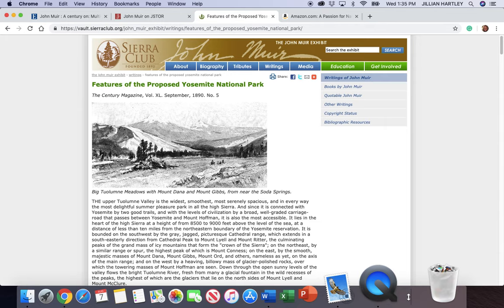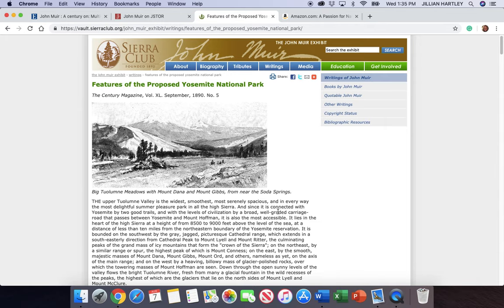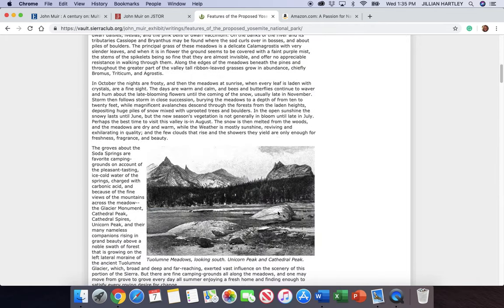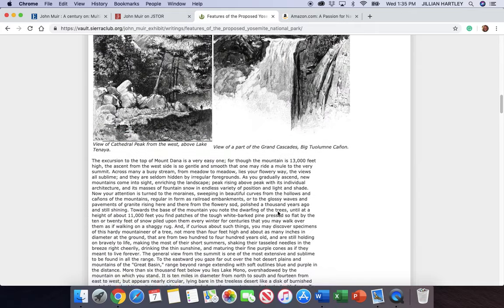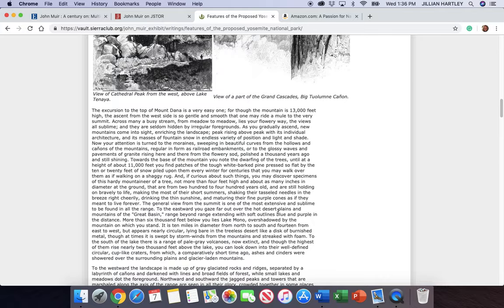If you ever look up a source and you're not sure, you say, I don't really know if this counts, feel free to email me and send me the link to where you found it, and I'll be happy to review it for you. If we scroll through here, we have the beautiful writings of John Muir talking about the Yosemite Valley, along with some sketches from the time period.